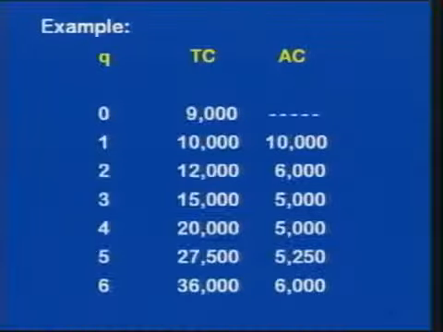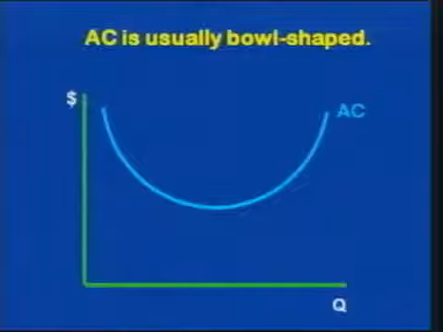So here, back to the numbers, you all see that the AC column is just total cost divided by the quantity, right? So if you draw the average cost on a curve, what do we see? You will find out it has a U shape here. So why does it have a U shape?